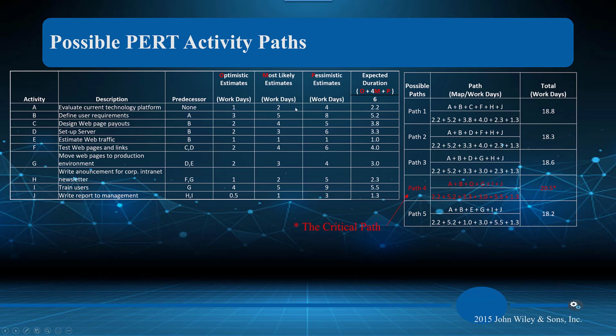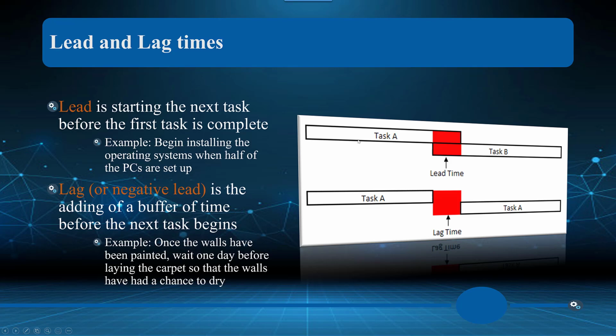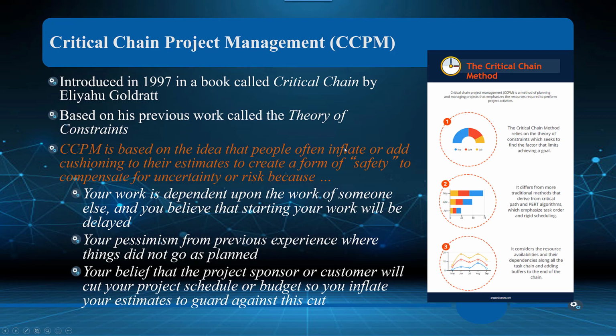So there's risk here. There's even more risk here, 3 to 5 to 8, right? Whereas here, 2, 4 to 5, there's not as much risk, okay? So we can actually look at these PERT possibilities and say, okay, we ended up with a high variance of time difference, and thus that might indicate a risk where we want to put some lead time or some lag time into the project, okay?